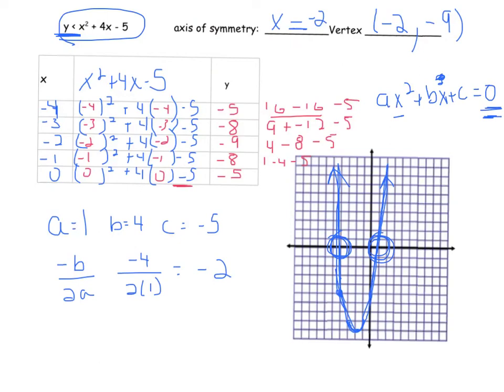The last step is to choose a point inside the parabola. Because I'm not exactly sure where it crosses here, I know that (0, 0) is on the inside though. So I'm going to choose (0, 0) on the inside, and I'm going to plug it into the equation for both x and y.